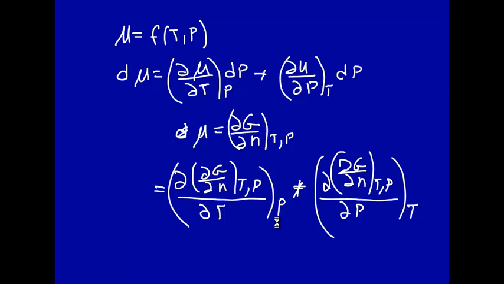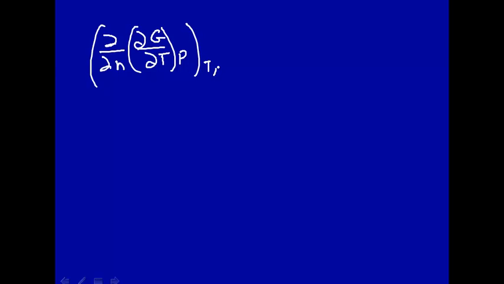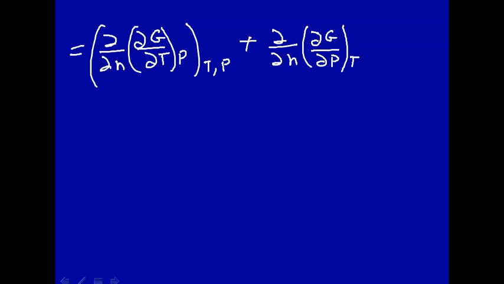So we can rewrite this equation as how G changes with temperature at constant pressure and number of moles, and then how that changes with N at constant temperature, plus the derivative with respect to N of how G changes with pressure at constant temperature, then how that changes with N at constant temperature and pressure.